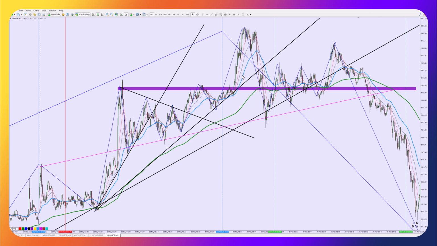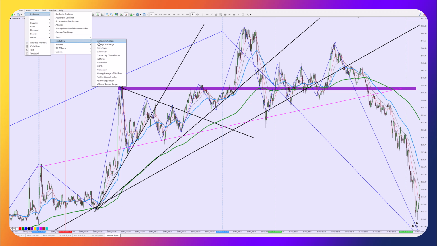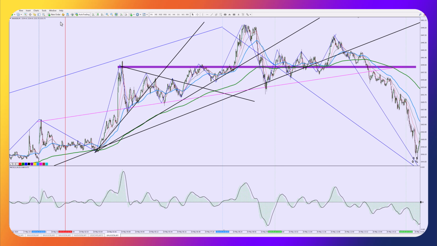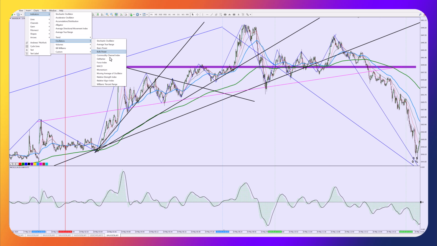I use moving averages a lot, but if you don't see that pullback, or maybe you like to add some indicators, I'm going to add the default indicators. One moving average. Let's put the same 12, 26, and 9. That's one. And then probably a stochastic is going to be good for fast entry.